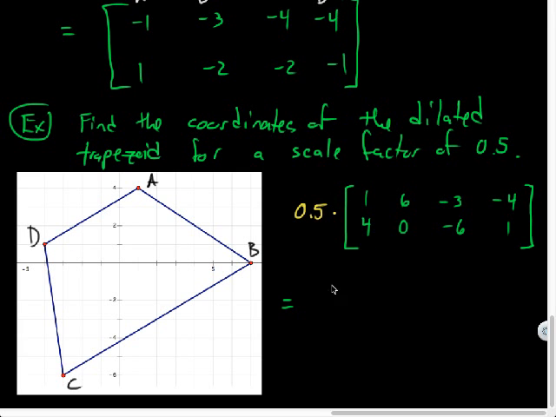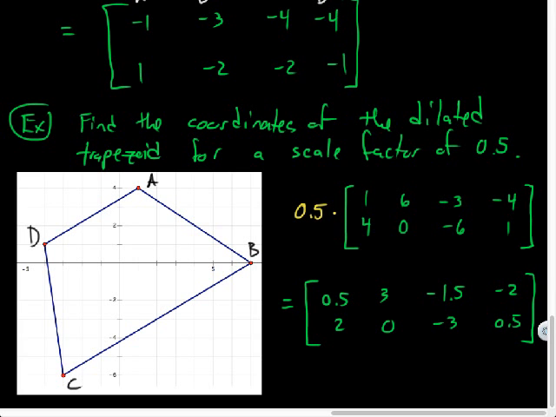And it turns out by halving all of the coordinates, it's going to make this figure half the size, one-dimensionally speaking. So what's this going to look like? 0.5, 2, 3, 0, negative 1.5, comma, negative 3, and negative 2, comma, 0.5.